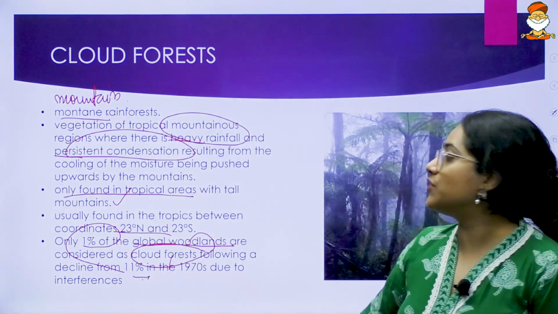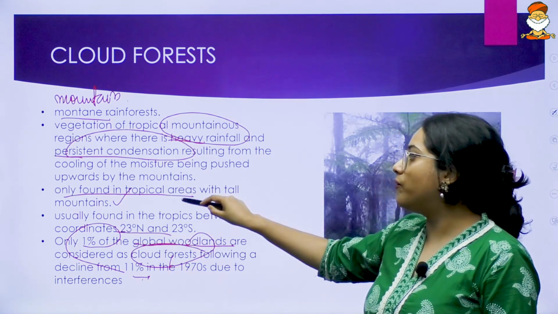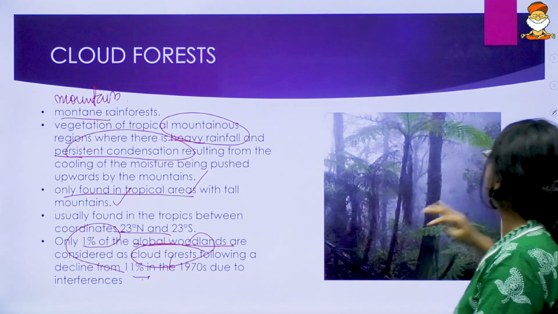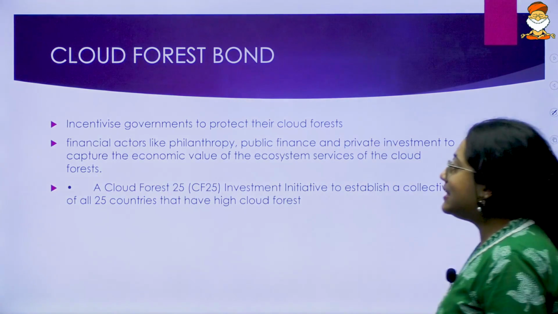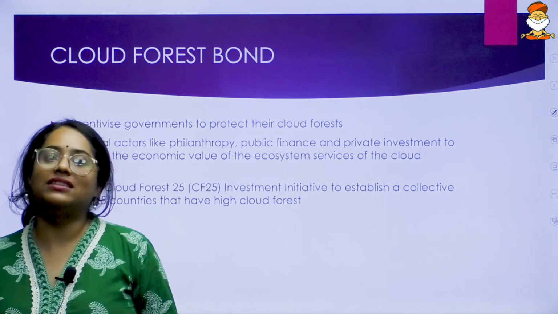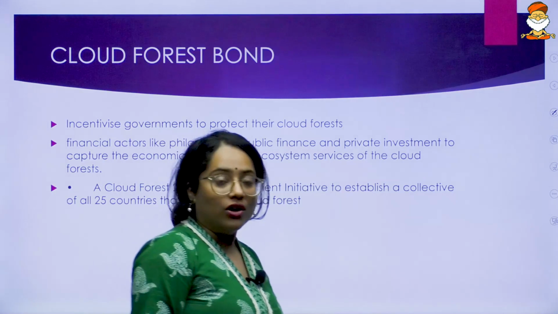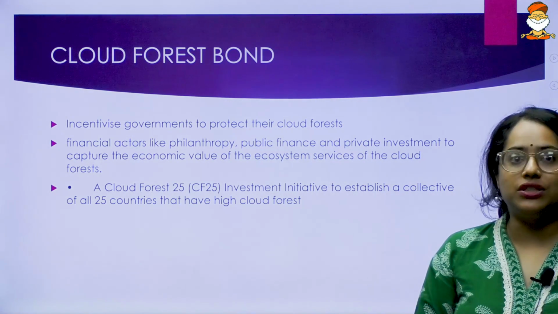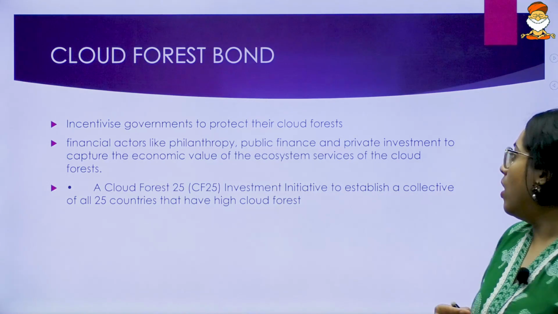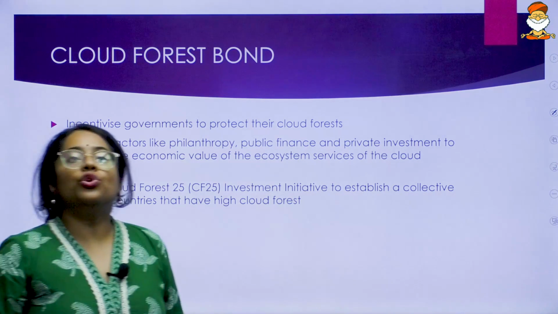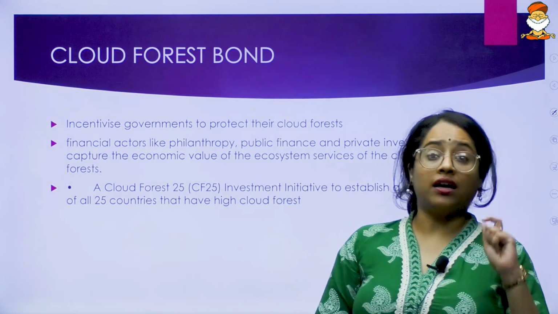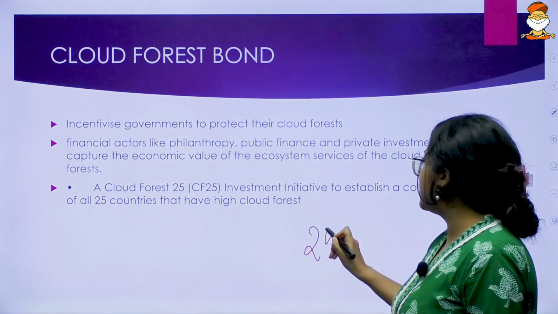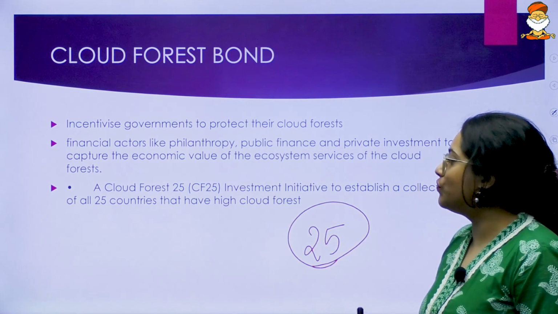You can see these forests occur in India also. They are found in tropical areas with tall mountains, so you do see this forest in India. The reason why we discuss the cloud forest is also because there is something called a cloud forest bond. It's a financial instrument. Globally, almost 25 countries of the world have cloud forests.